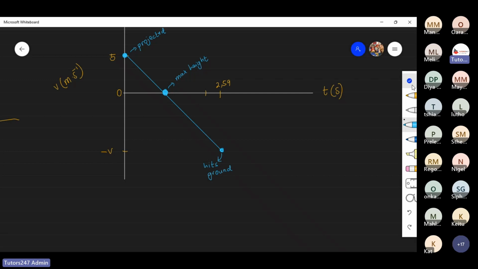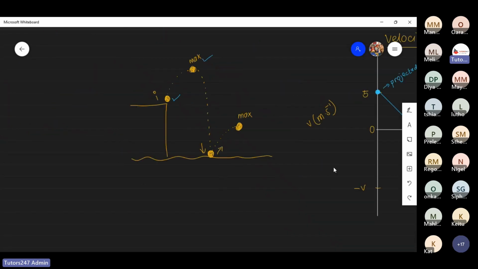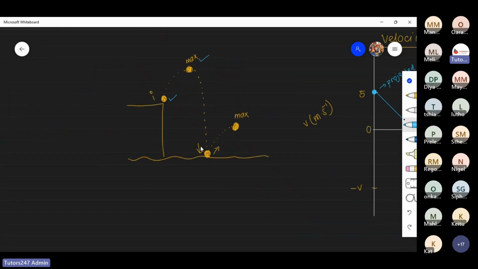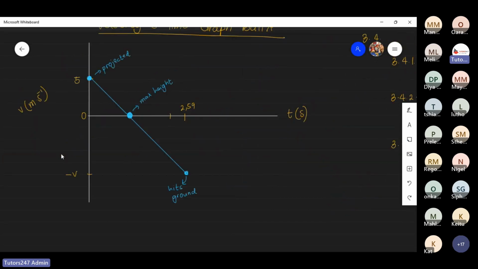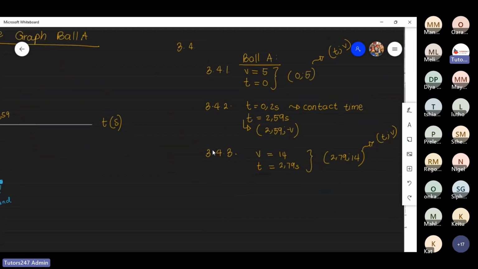So let's go back to our checklist. So we'll tick off when it hits the ground. We are done with that. What's the next part in the motion of this ball? It is when it rebounds off the ground. So let us go back to the information that we were supposed to indicate. So keep in mind, they've stated that we need to indicate that 0.2 second interval for when the ball is in contact with the ground.